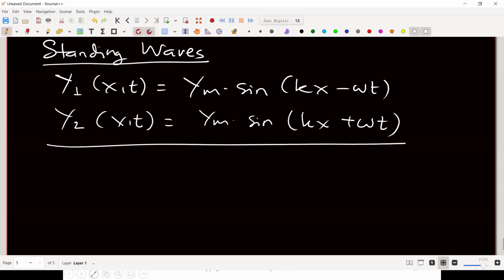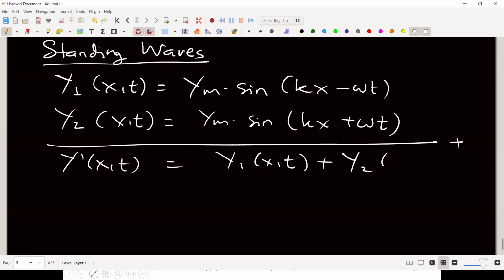So we can add these waves and it becomes y prime, which is equal to y1(x, t) plus y2(x, t).